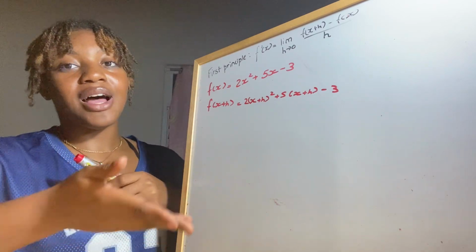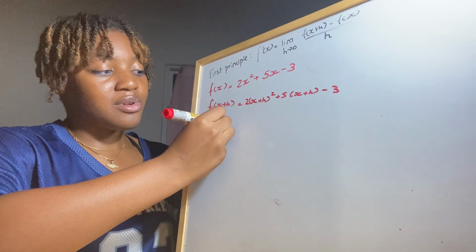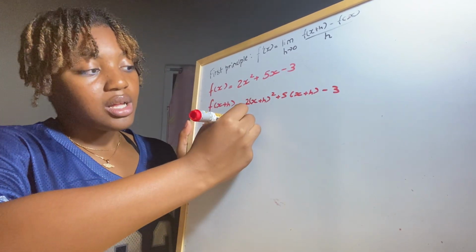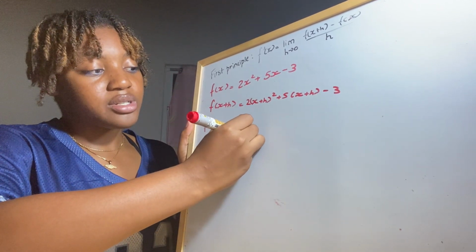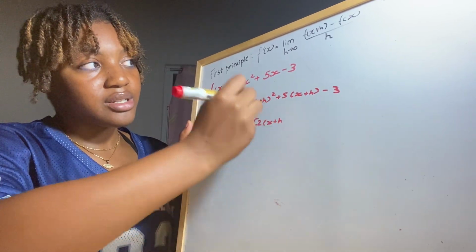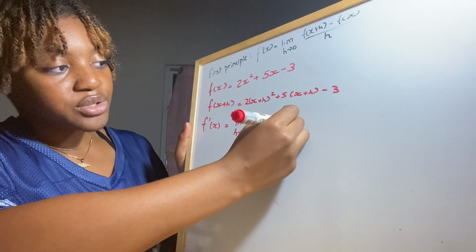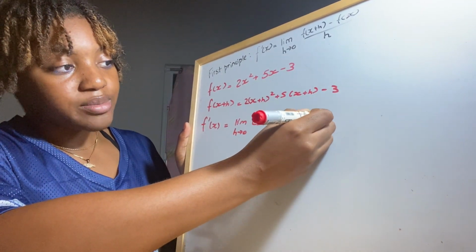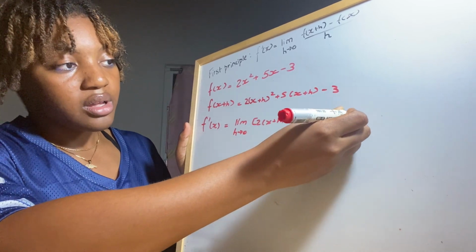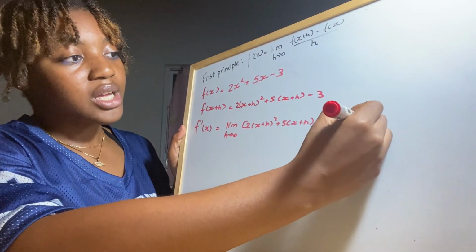From that, we can apply the first principle. So we're going to have f prime of x equals limit as h approaches 0 of 2 times x plus h squared plus 5 times x plus h minus 3. This is the f of x plus h term from right here. And all of that is going to be subtracted from f of x, which is the 2x squared plus 5x minus 3.